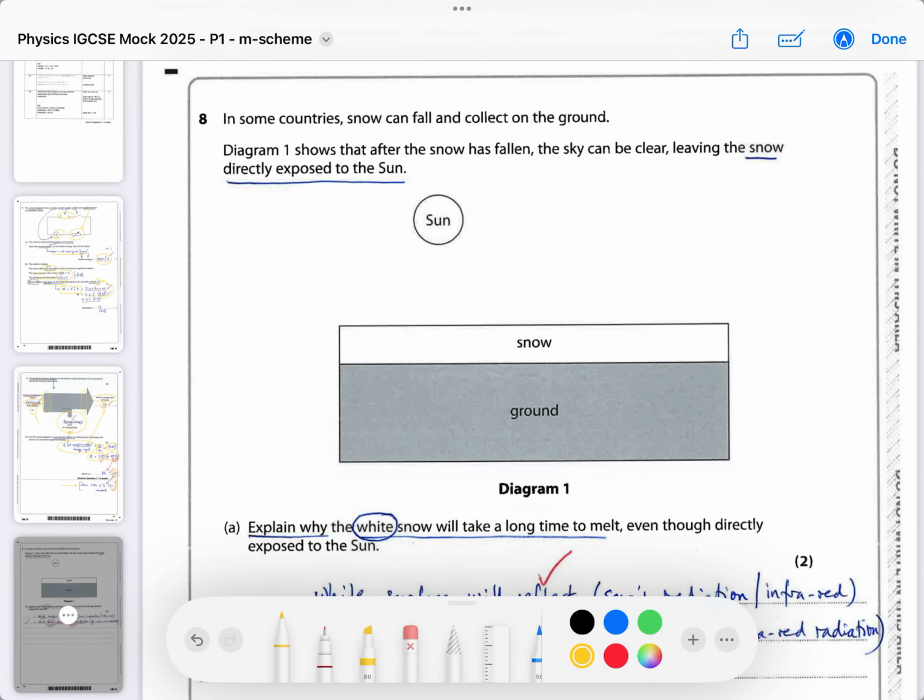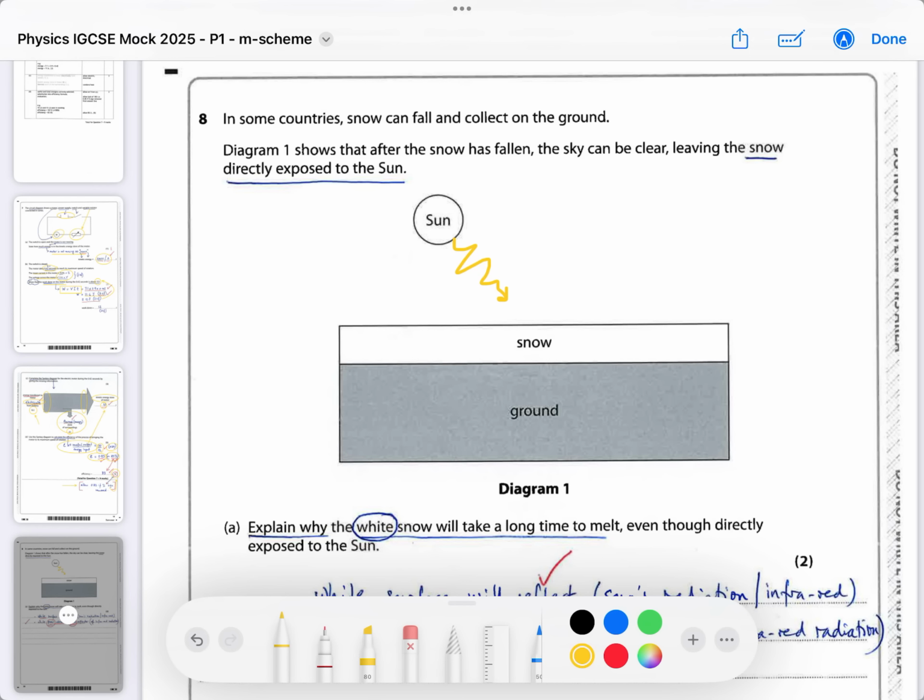Okay, diagram 1 shows that after the snow has fallen, the sky can be clear, leaving the snow directly exposed to the sun. Okay, so what does the sun do? The sun is giving out radiation. Yeah, and this radiation comes in like infrared, ultraviolet, and visible light.